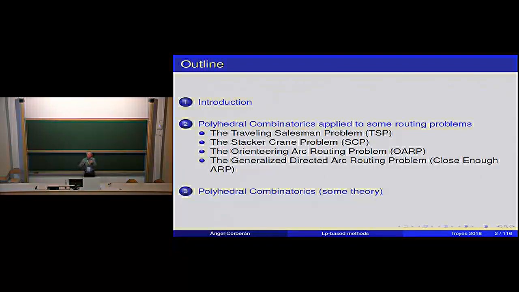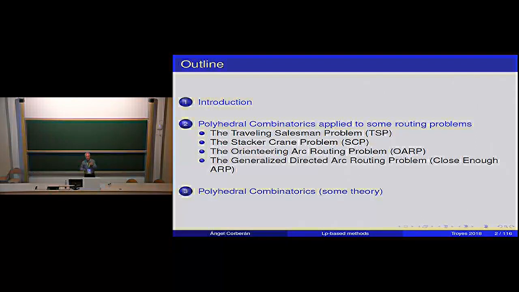I will not enter into many details, just show you the definition of the problem, the practical application behind it, and the formulation very briefly, maybe some inequalities. You must not care about the details.